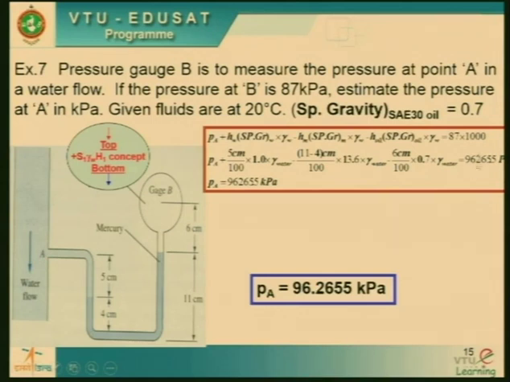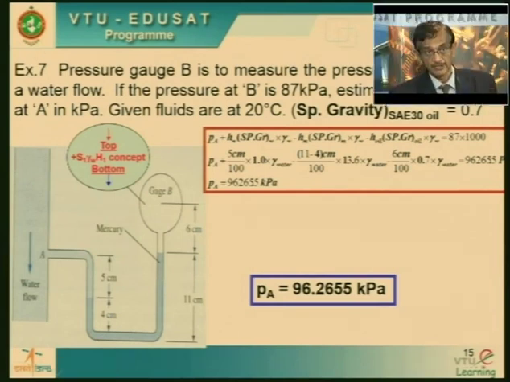The pressure at B is given as 87 kPa. You can see 87 into 1000 I have multiplied and equated it. So it is a gauge pressure only, no doubt. We are starting from this point and reaching this point. While travelling we go down by 5 centimeter, gamma W into specific gravity, here same level 11 minus 4, 7 centimeter upwards, mercury 13.6 into 9810 into 7 centimeter by 100.